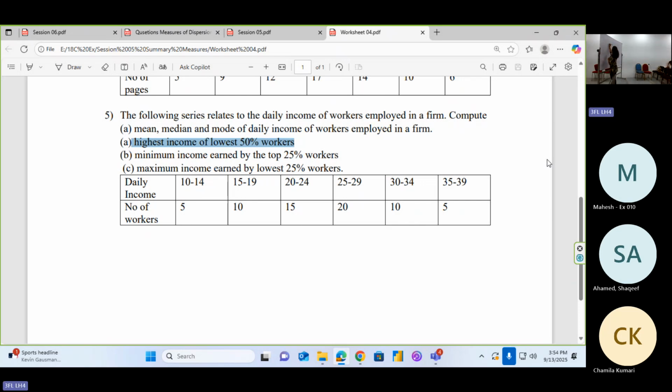And here you need to find out the Q3. Okay, how do we find the Q3 in here? We studied how to calculate the Q3 in a raw data set. But here, group data distribution is there. How do we find it?